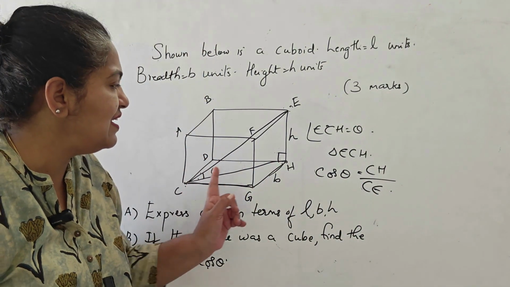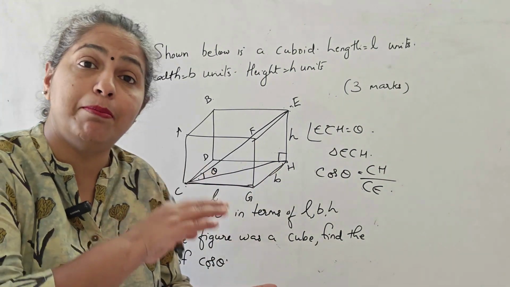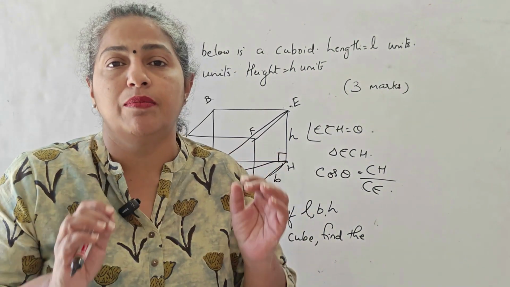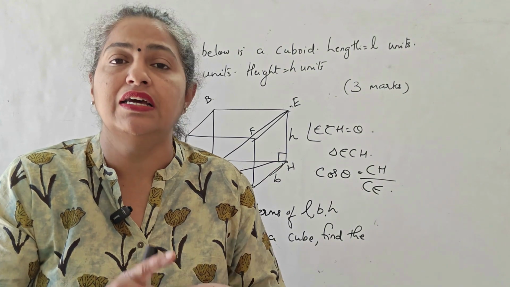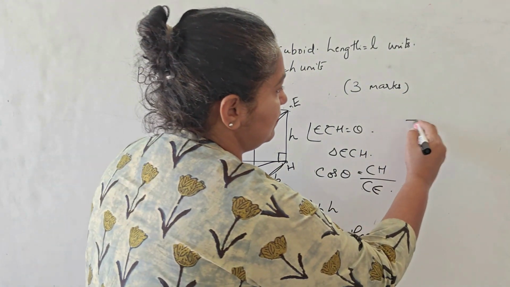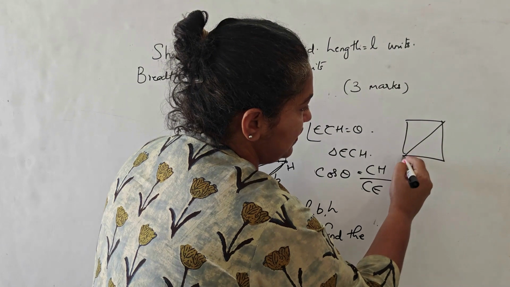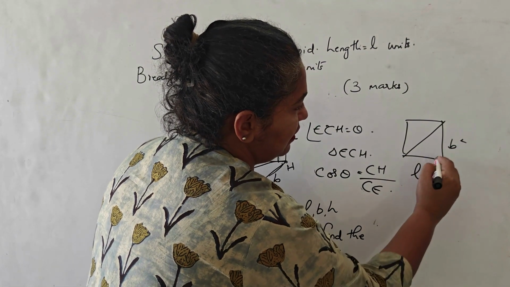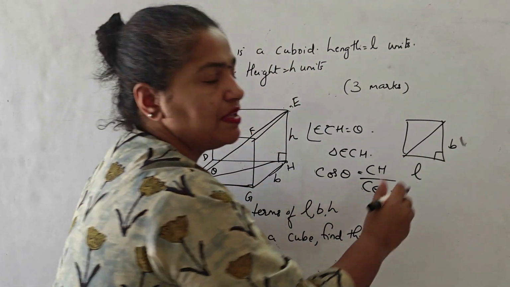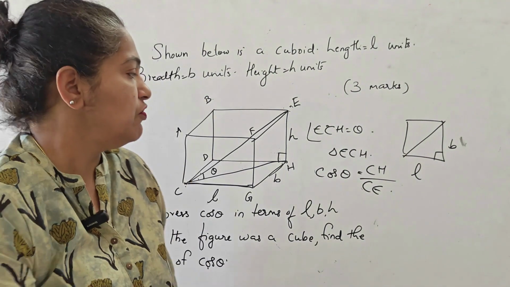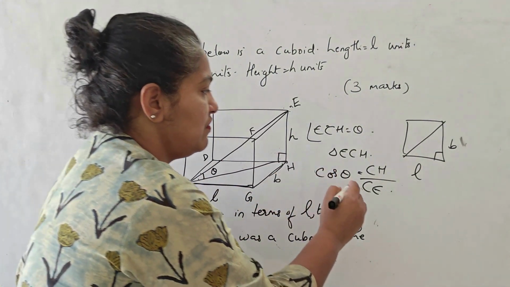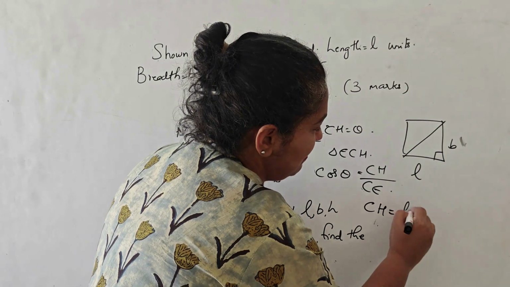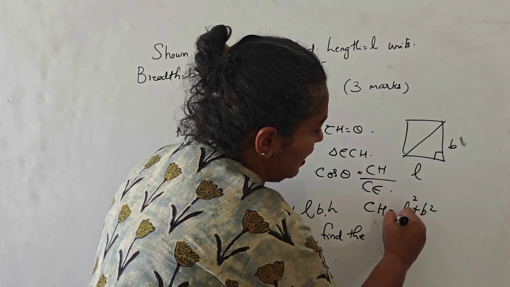CH is the diagonal of the base of the cuboid. The base of the cuboid is a rectangle. The diagonal of the rectangle is given by the square root of L square plus B square. So I can write CH is equal to root of L square plus B square.